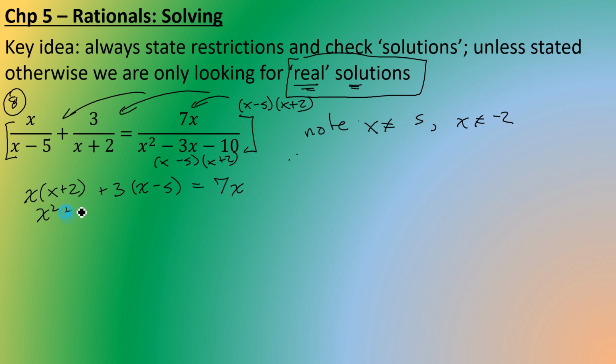I distribute the x. I distribute the 3. Combine like terms. Get everything to one side, so subtract that 7x. Watch your signs.